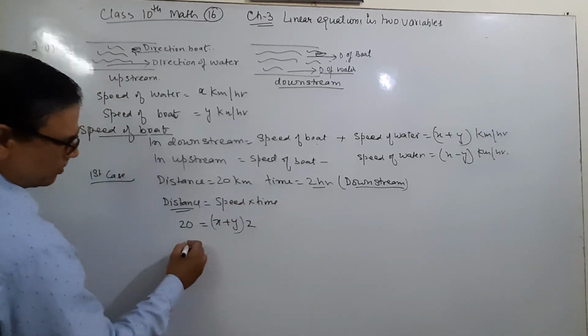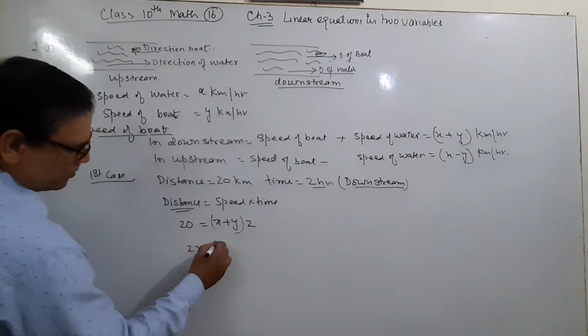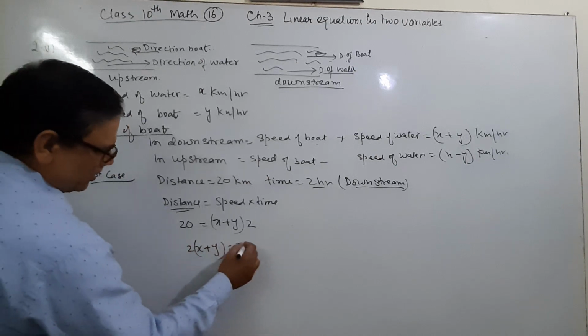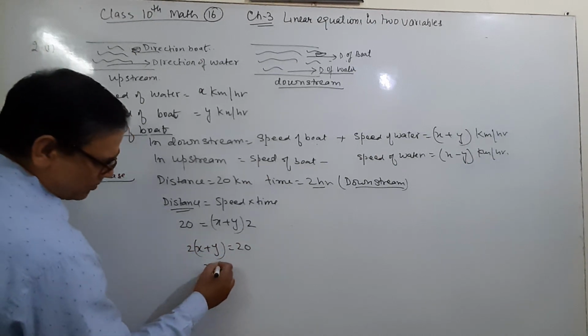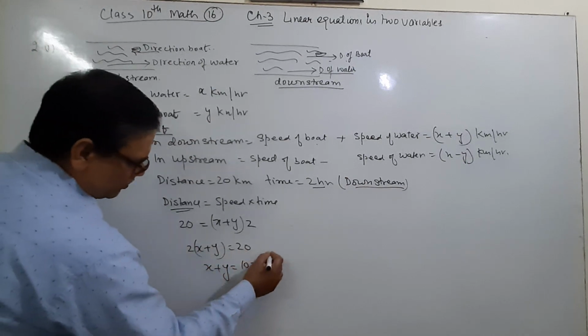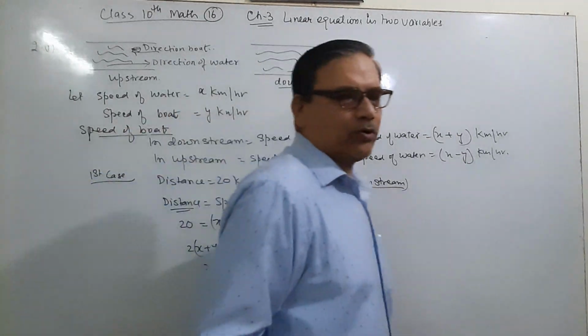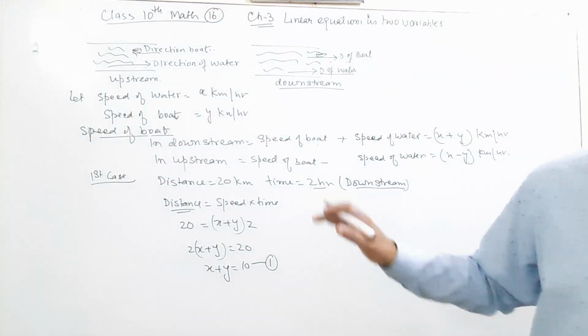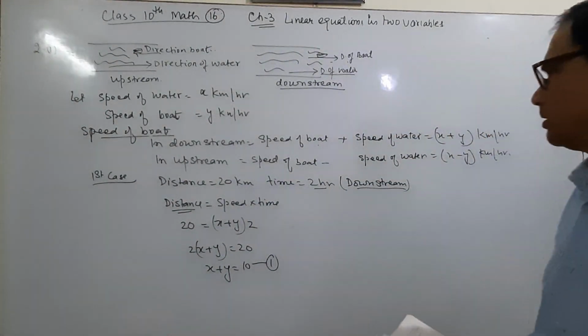It means we can write 2(x plus y) is equal to 20. This 2 is multiplied here and divided there, so x plus y is equal to 20 upon 2, which is 10. I think you can do it now. Many questions of this type have been done, and this question was asked this year.